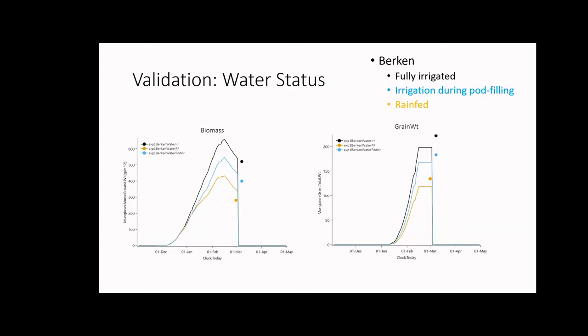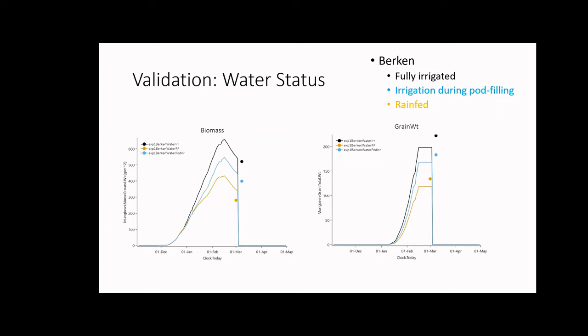For water status, mung bean is a rain-fed crop primarily, but for growers who are looking to increase their yield, there's interest in targeted irrigation. And various studies have found that irrigation during pod filling has increased yield to close to being fully irrigated. So we wanted to make sure that the model was able to capture this impact as well.